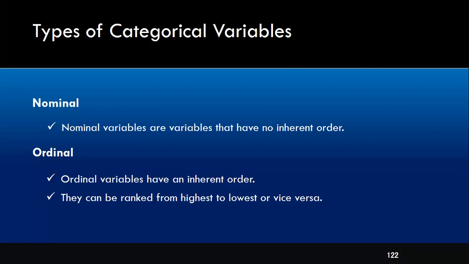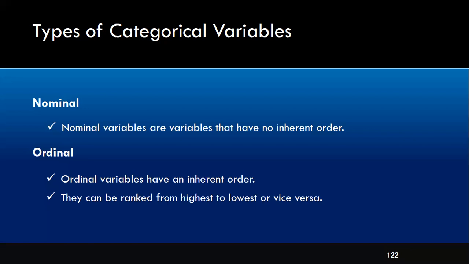During the inspection, your quality control manager found defects in some products and did not find defects in others. So you have a column in your Excel sheet: yes means defective product, no means non-defective. Here we are just classifying which products are non-defective and which are defective. It doesn't mean the defective products are superior to non-defective products. There is no rank, that is what I'm trying to say. So it is a nominal type of variable.